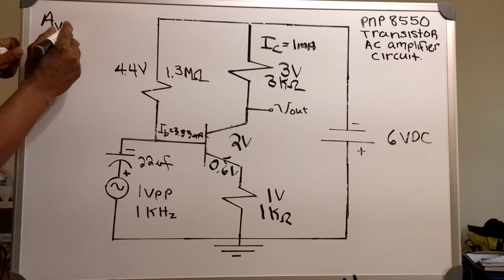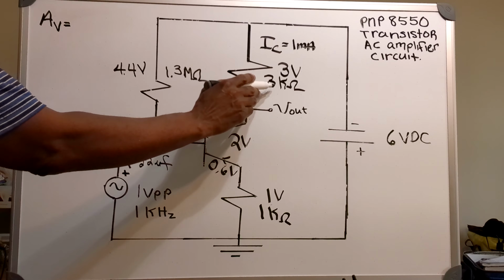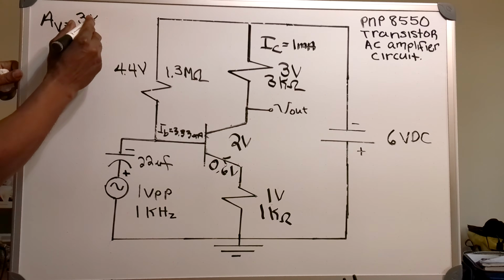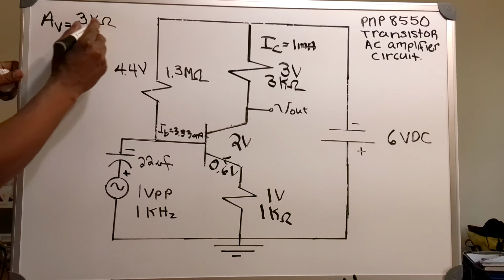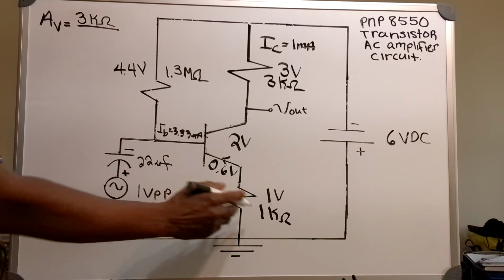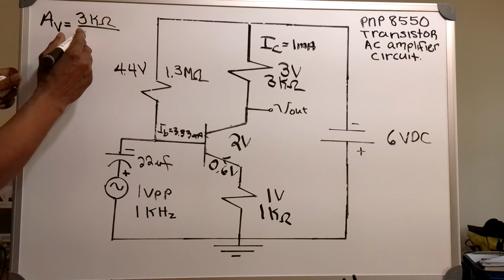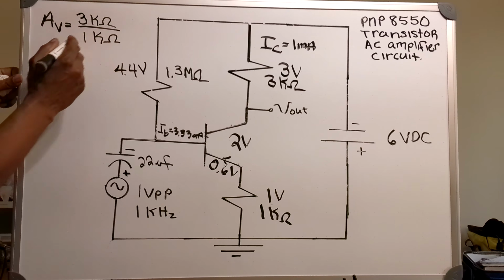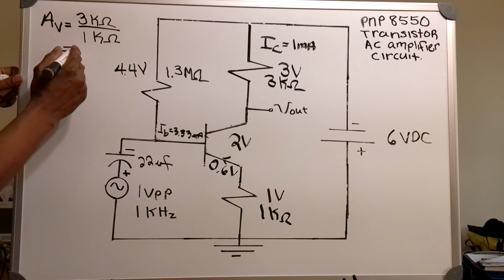And the AC gain, AV, will be the 3 kilo ohms divided by 1 k ohm, which will give me a gain of 3.